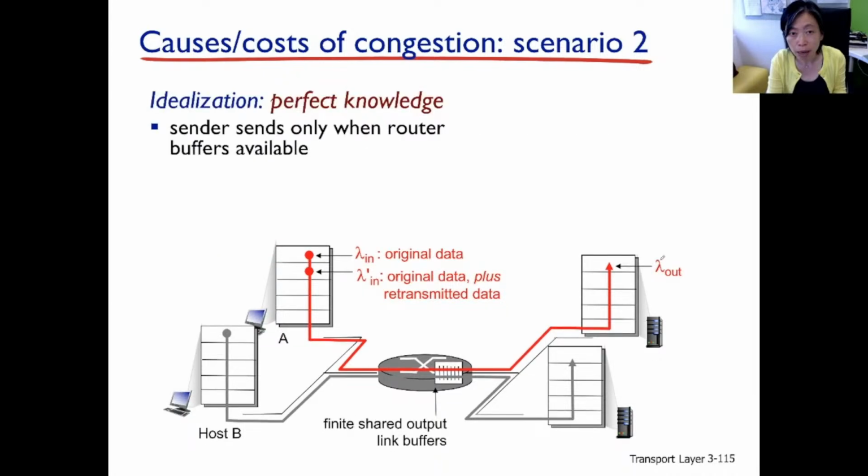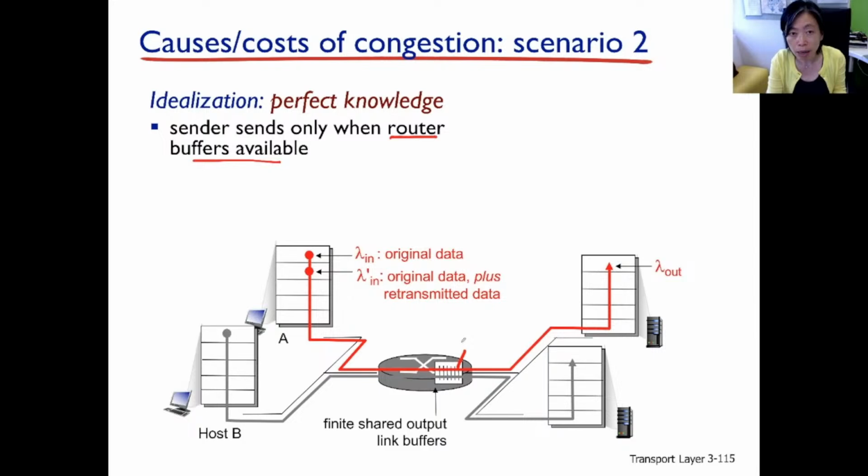Now, let's assume the sender knows perfectly well when the router buffer is available. Okay, so the sender sends data out only when there's buffer available here. So no packet drop. Okay, the scenario goes like this. At the transport layer, now we keep a copy of the data just in case we need to retransmit. But the packet will arrive at the router because there's free buffer space, so it travels through the network, reaching the destination. Okay, and that goes back and we remove the copy.